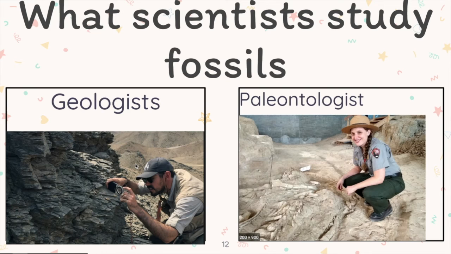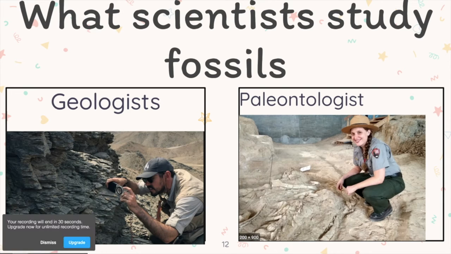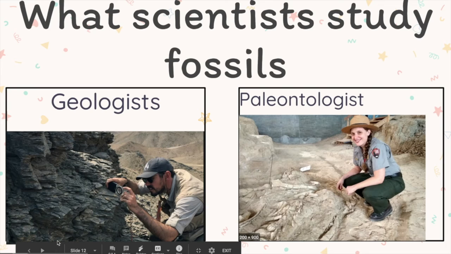Now, we know that there are many different types of fossils. We know that fossils are found in the ground, but who is in charge of finding these fossils? There are 2 types of scientists that study fossils. One scientist that studies fossils is a geologist.